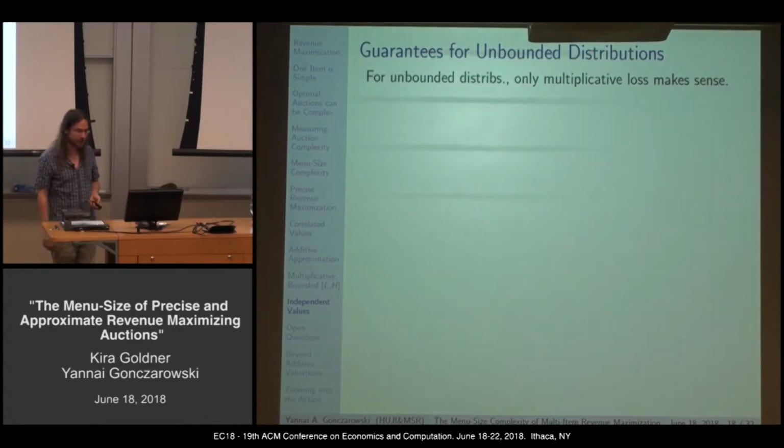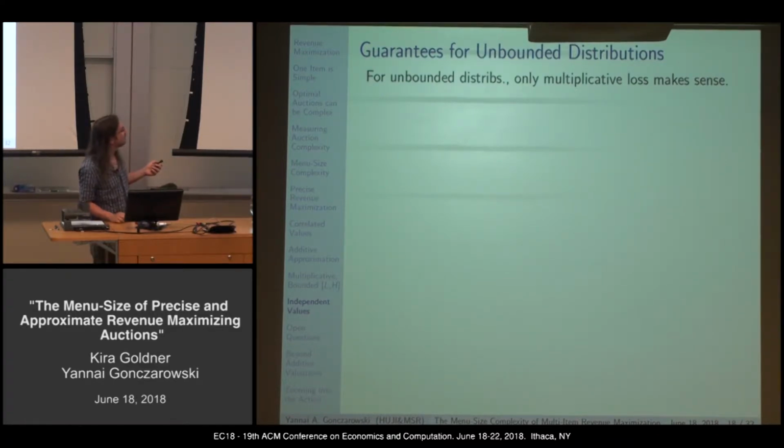So independent values is what we're going to talk about for the rest of this talk. The reason is that we really care about unbounded distributions. We don't want all this bounding stuff. For unbounded distributions, note that only multiplicative loss makes any sense, not additive loss.